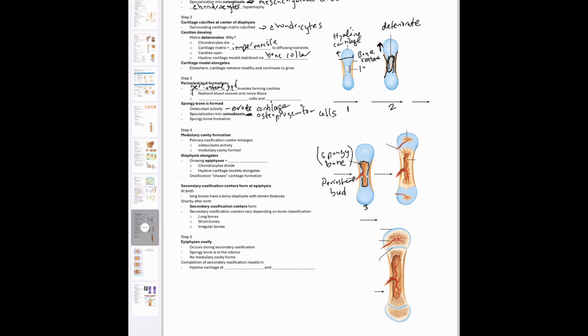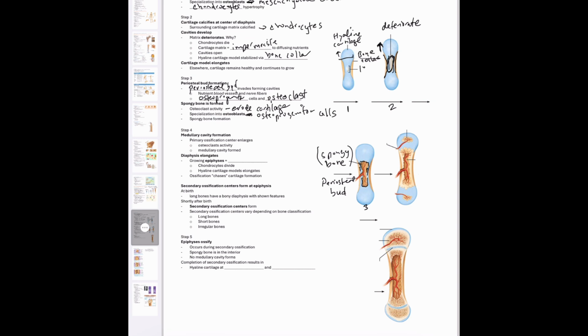What these cells are going to include is our osteoprogenitor cells, as well as our osteoclasts. Right, that's how we're able to, like what we talked about, the formation of that spongy bone, because once we get the formation of that periosteal bud, these cells are also going to start doing their thing in this part of the bone.